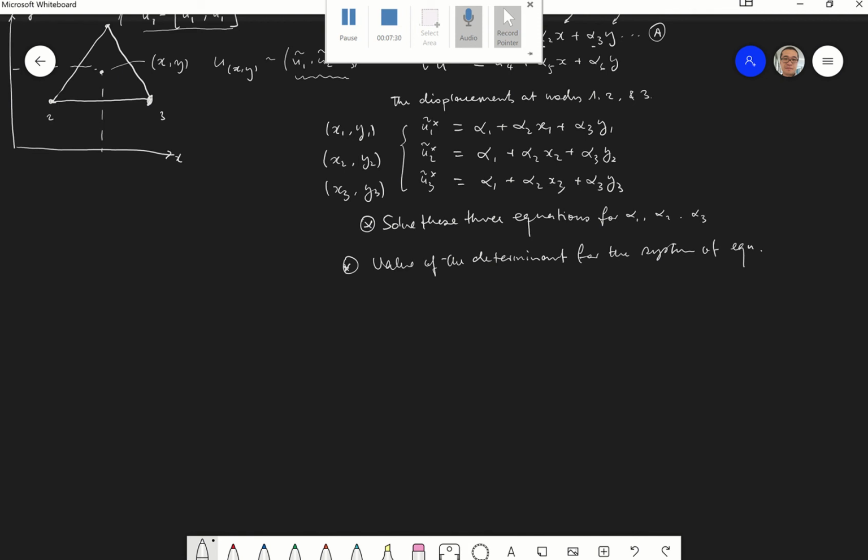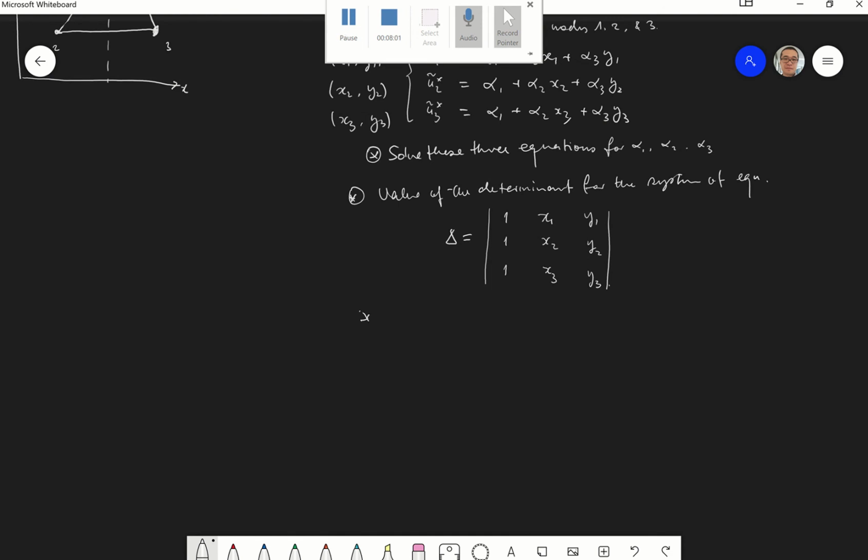If you know the definition of the determinant, in this case delta, the determinant will be given by the matrix with rows 1, 1, 1; x1, x2, x3; and y1, y2, y3. Notice x1, x2, x3 are known values because they are the coordinates. They are not the unknown variables in this case.